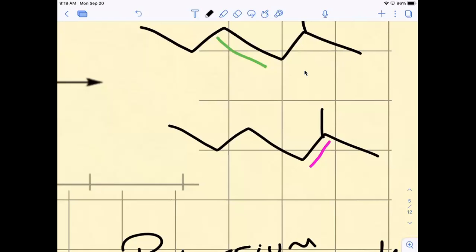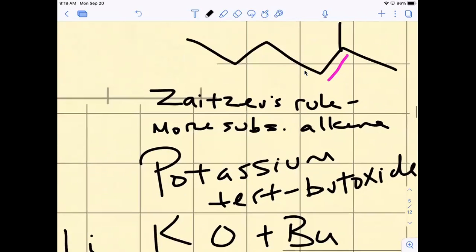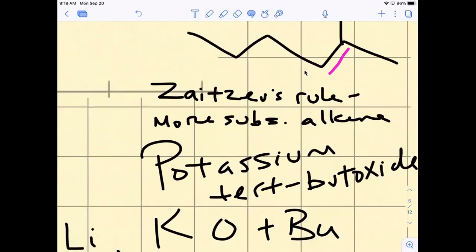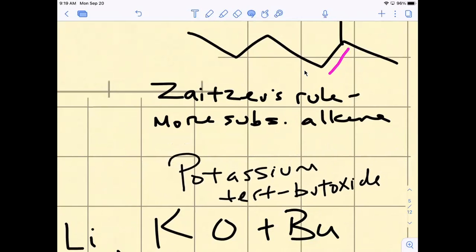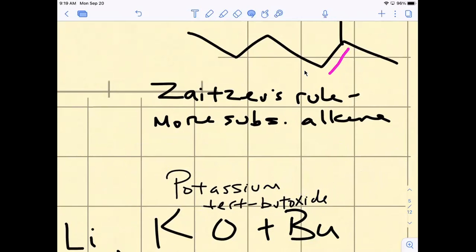And so for any elimination, it's going to follow what's called Zaitsev's rule. What the rule says is that the more substituted alkene is going to predominate.